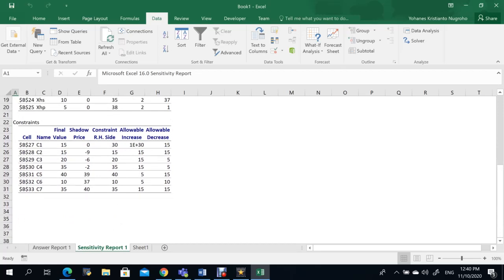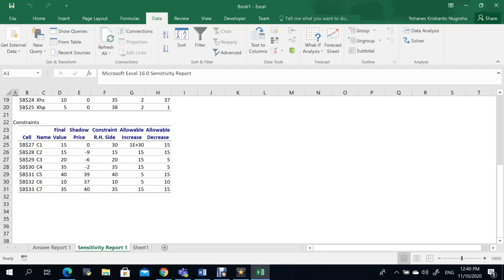In the constraints table, we have the final value. We can see here that for constraint number 1, the final value is 15, but the right hand side value is equal to 30, meaning that we have 15 as a cushion, meaning that the slack variable is not equal to 0. Indeed, it is equal to 15, because 15 plus 15 equals 30.